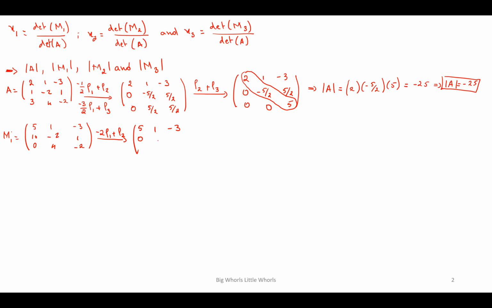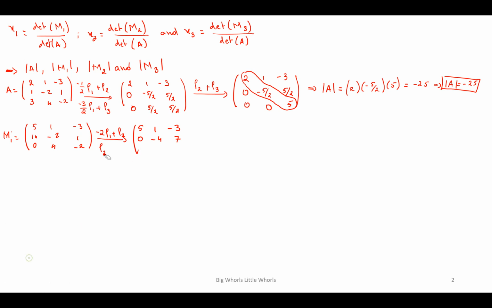Minus 2 row 1 plus row 2 is minus 4, and so it's going to be 7. And here we have row 2 plus row 3. I think we can just go step by step.